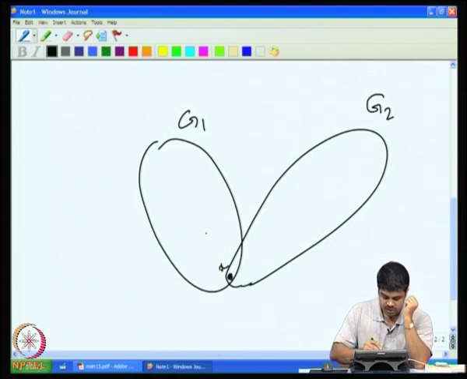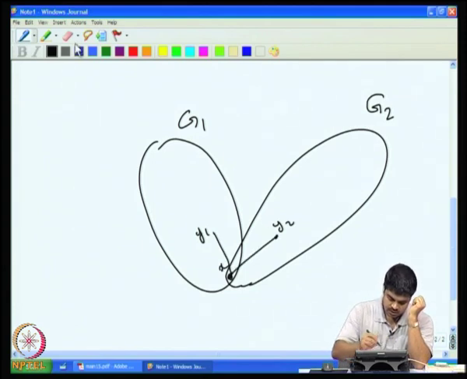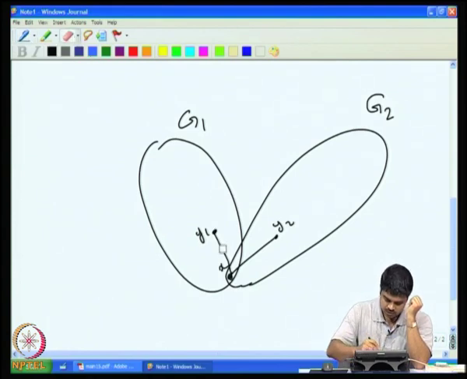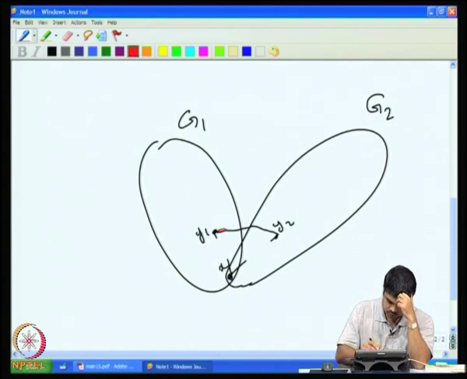Now, what we did was identify these two edges, delete them from the graph, and then add this new edge. We can say this is a new edge, red colored.